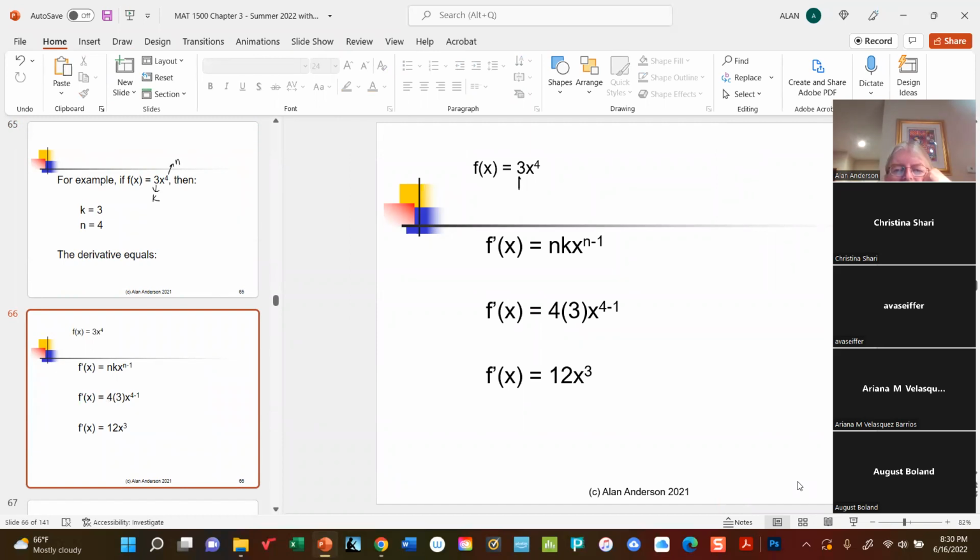Again, this is our K and this is our N. So we're going to end up with 4 times 3, x to the 4 minus 1, which reduces very nicely to 12x cubed. Oh, that wasn't too bad.